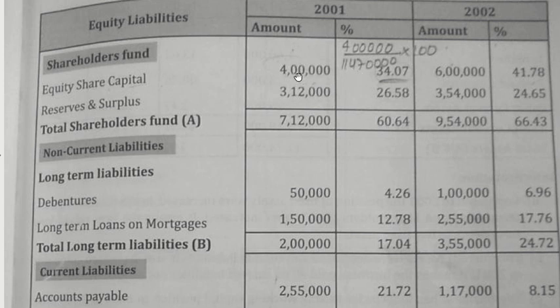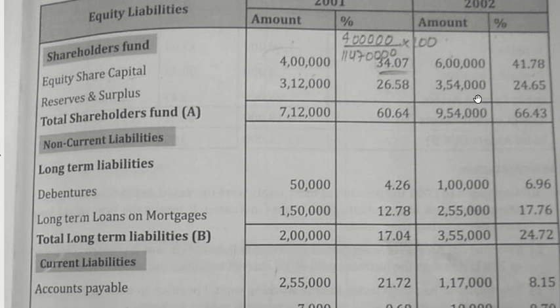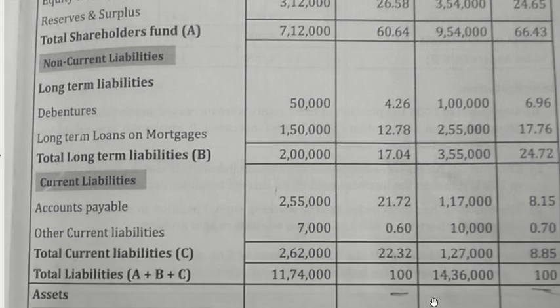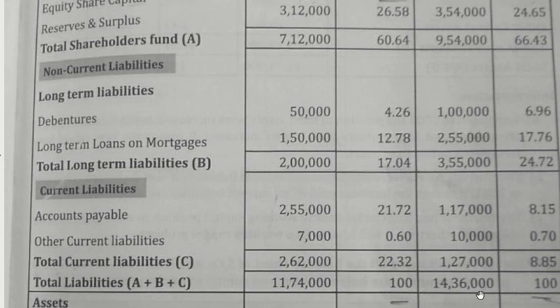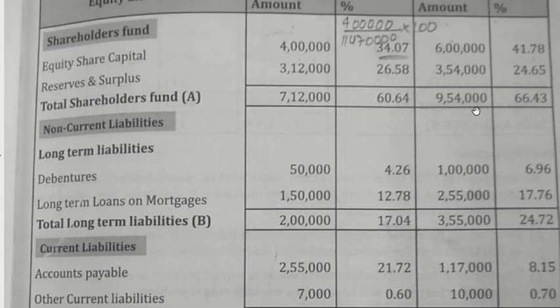So it will be 4 lakh divided by 11,47,000 into 100. How much percentage do you get? 34.07%. And in the year 2002, the total of your balance sheet is how much? 14,36,000. So 6 lakhs divided by 14,36,000 into 100. How much percentage do you get?